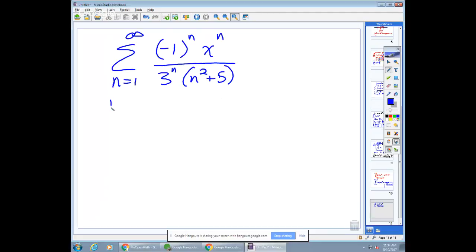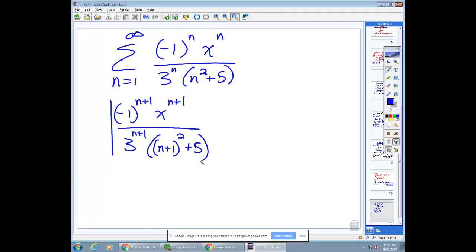So I need to consider the absolute value of (-1) to the n plus 1 times x to the n plus 1 over 3 to the n plus 1 times ((n plus 1) squared plus 5), times the reciprocal of the original, which would be 3 to the n times (n squared plus 5) over (-1) to the n times x to the n.